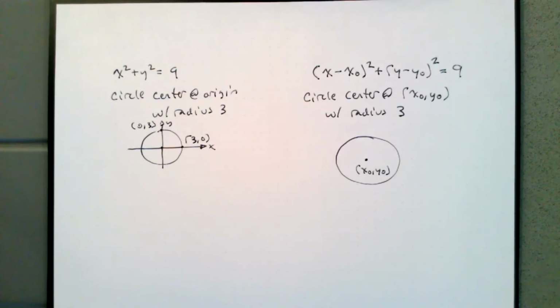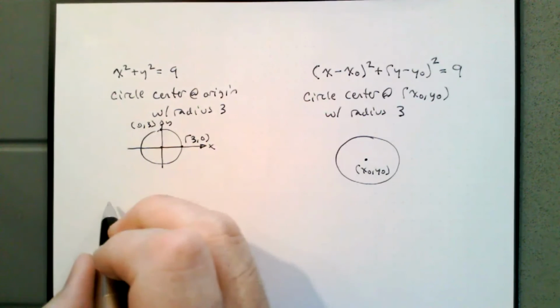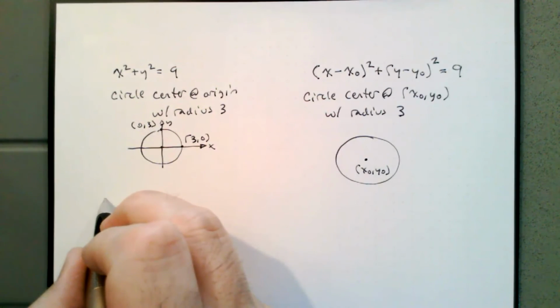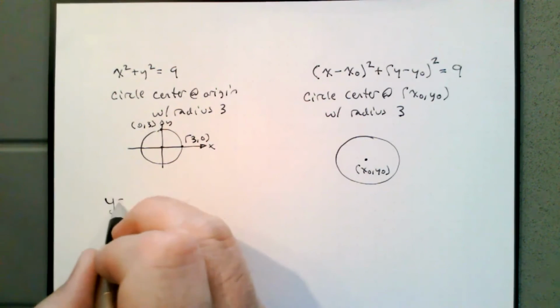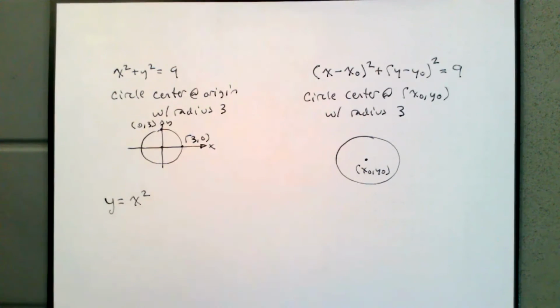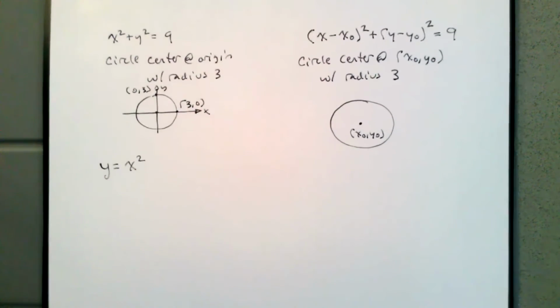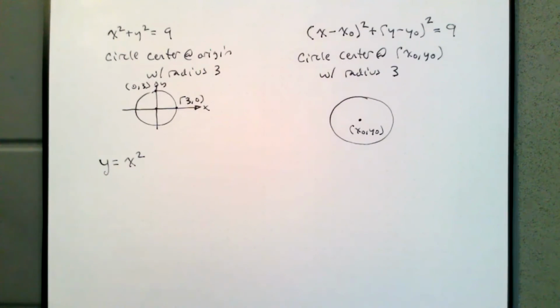This happens in functions as well. If we consider the function y equals x squared, we know this is a parabola opening up with a vertex at 0, 0.